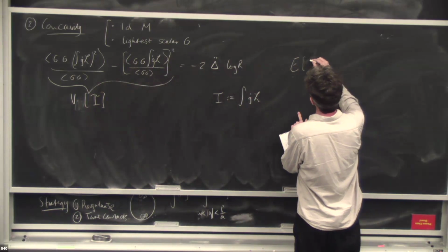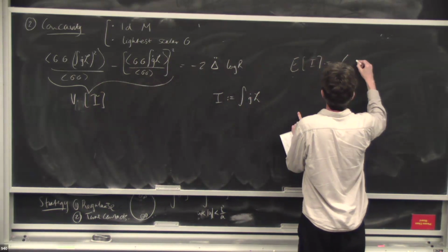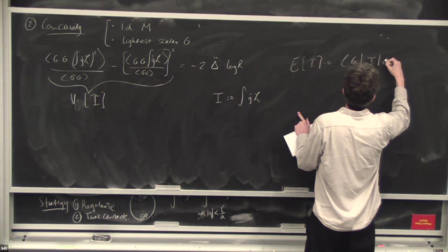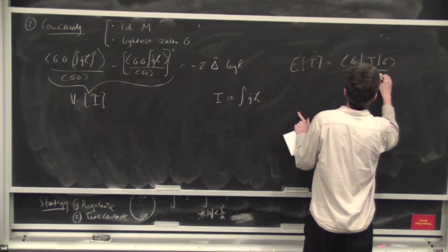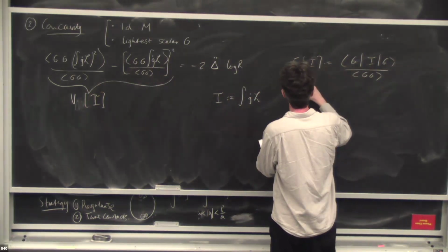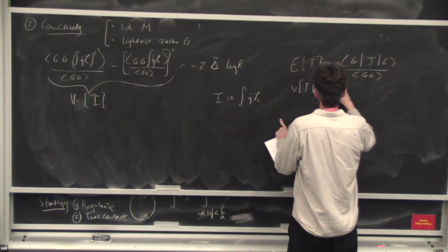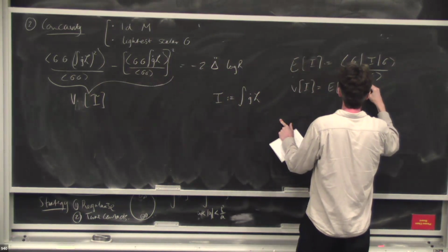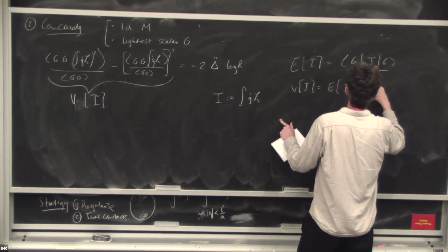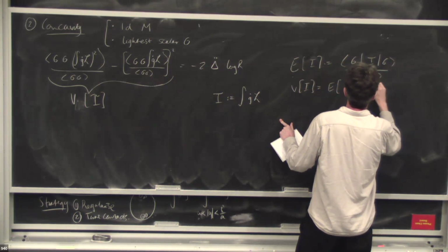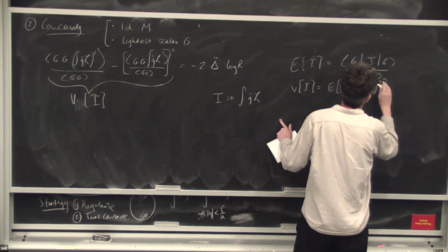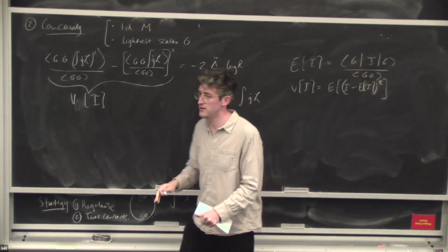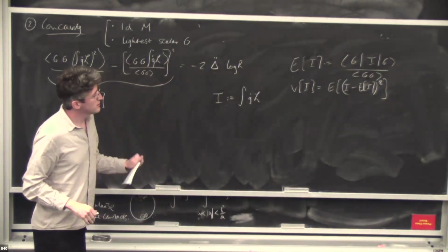If I define expectation value of I as OIO divided by OO, this V is the expectation value of I minus expectation value of I squared. Or if you have complex operators, it's omission squared. Okay, so this is positive.